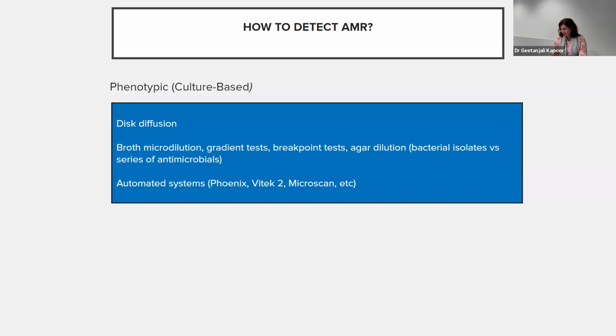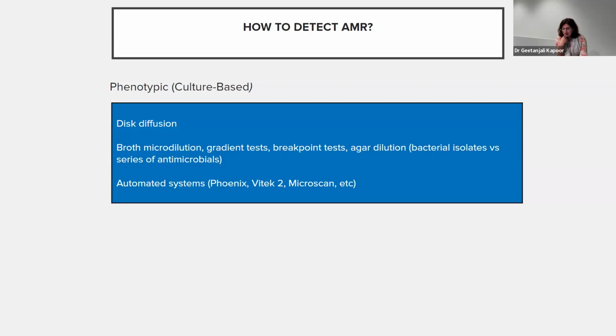Now, these things are important, and why are they important? Because based on the MIC value, we can then guide or tell the clinician whether he should be using a particular antibiotic or moving to consider another antibiotic for the patient's treatment. And this is again, in a way, guiding stewardship, because the doctor is not blindly prescribing.